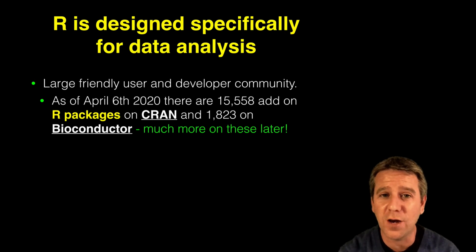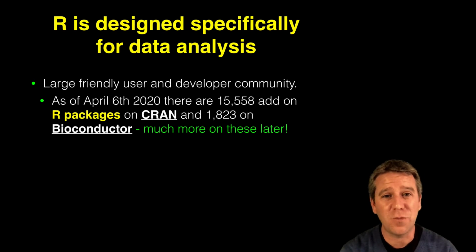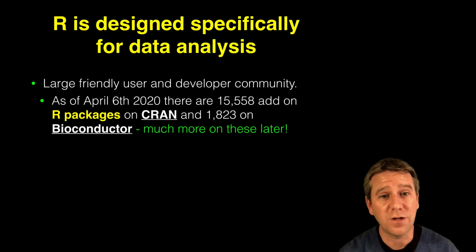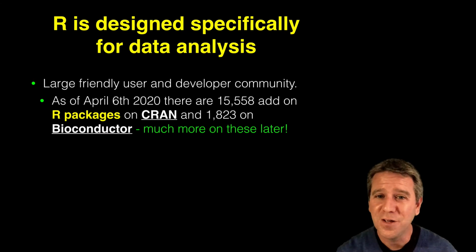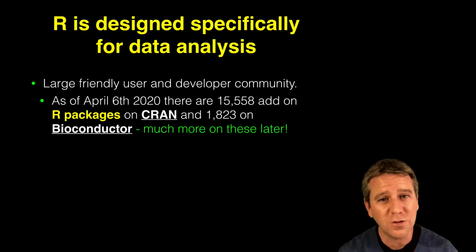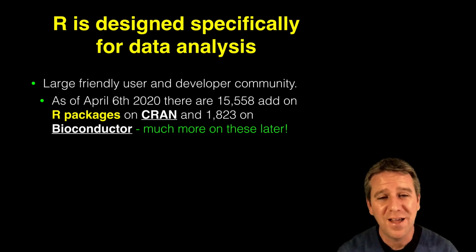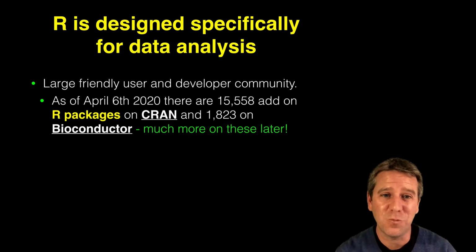So we're going to talk a lot about CRAN, but also Bioconductor. Bioconductor is a repository or a site where you obtain R packages, these add-on functionality packages. They're essentially like the phone that you buy. You buy your phone, and then you go to the App Store to get apps. These are the apps. The packages are like the apps that we would put in with R. They don't ship with your phone when it comes fresh, but you do go out and get them when you need them.